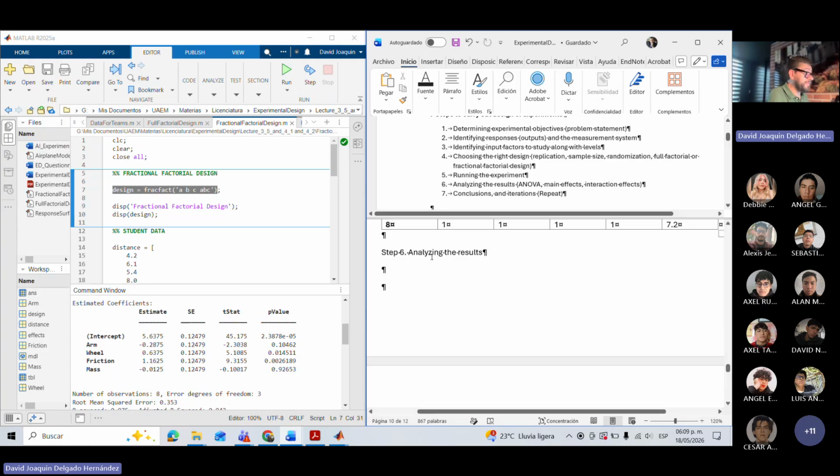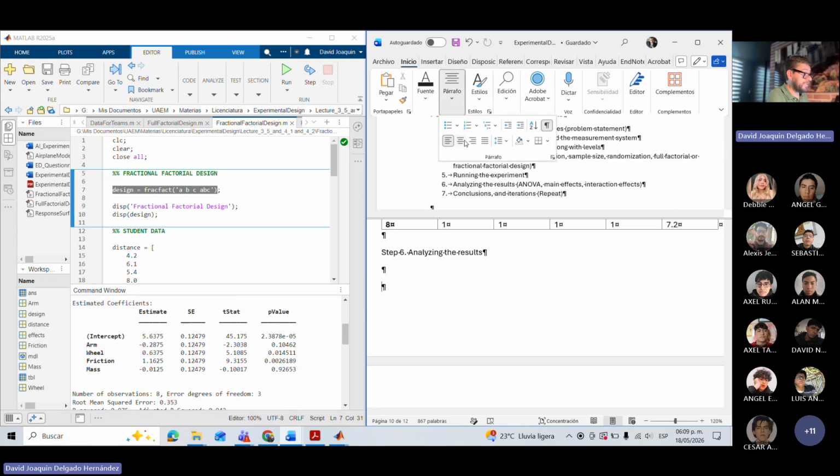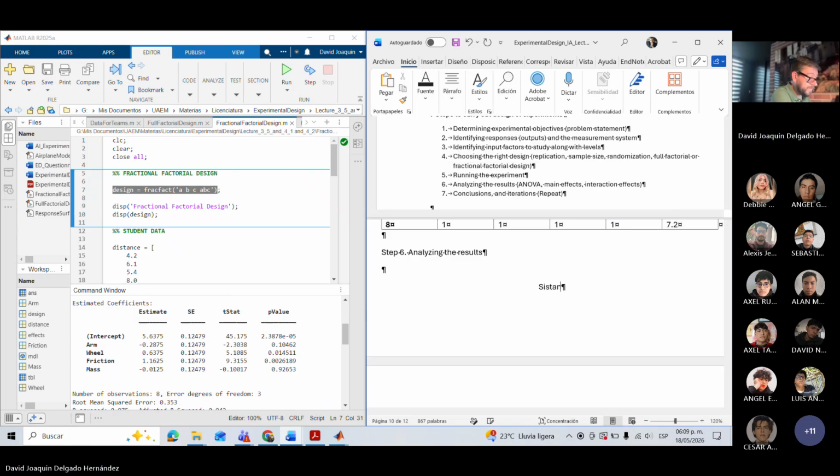So what will be my model here? I am going to write it. Distance equals the intercept, a very important coefficient, which is 5.6375. This is the independent term, plus.